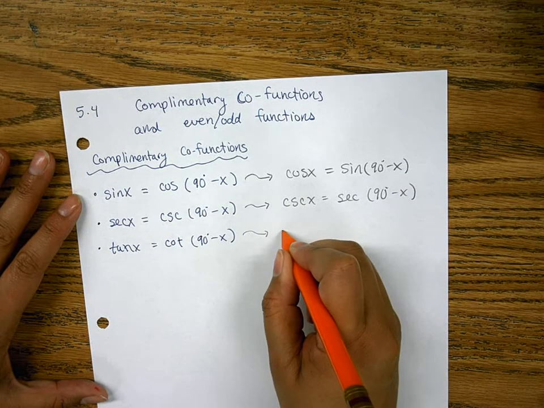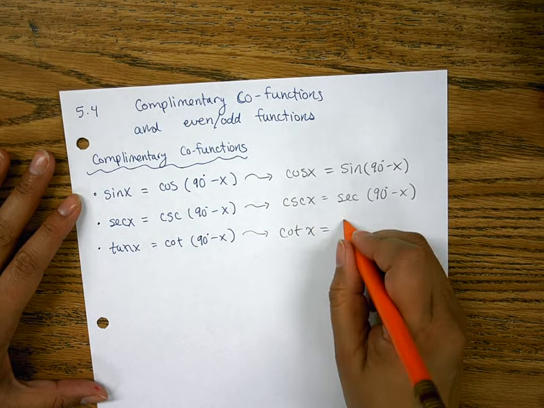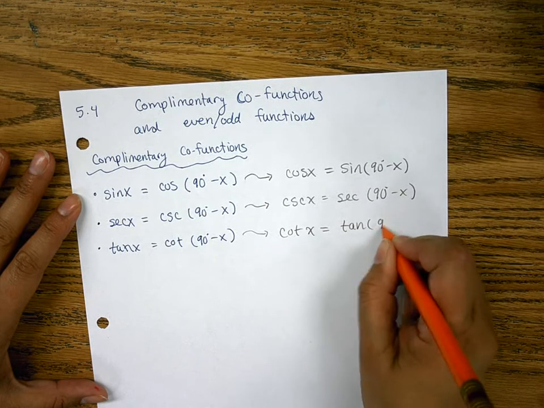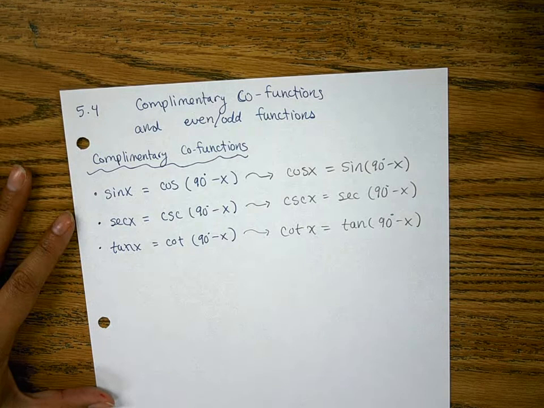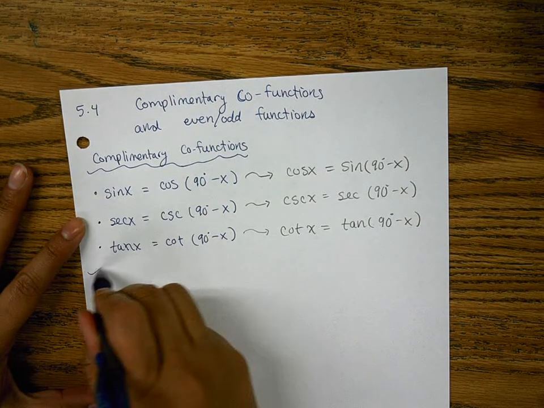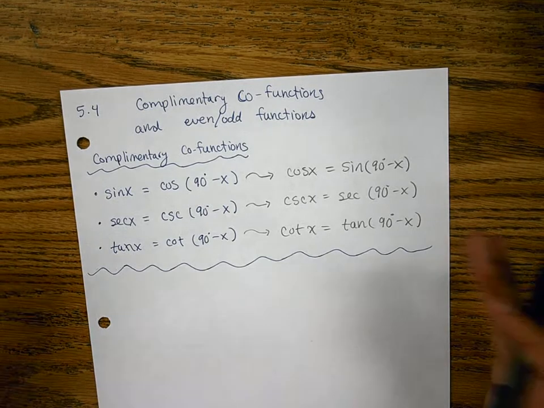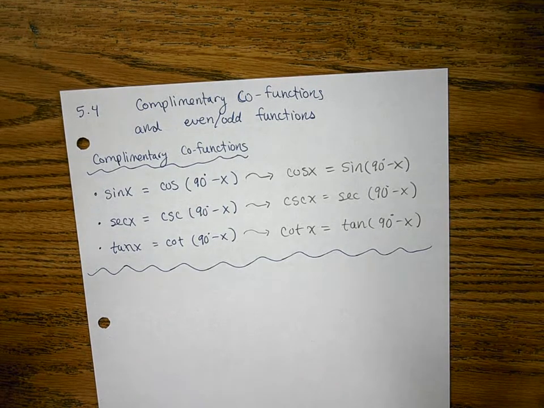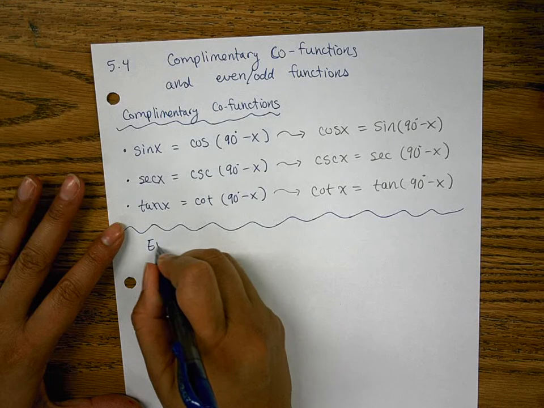And again, it goes both ways. Cotangent of x equals tangent of 90 degrees minus x. Okay, those are complementary cofunctions. We will do a few examples in just a little bit on what they're going to look like on the test and the quiz and homework. But right now, I want to quickly go through even and odd functions.